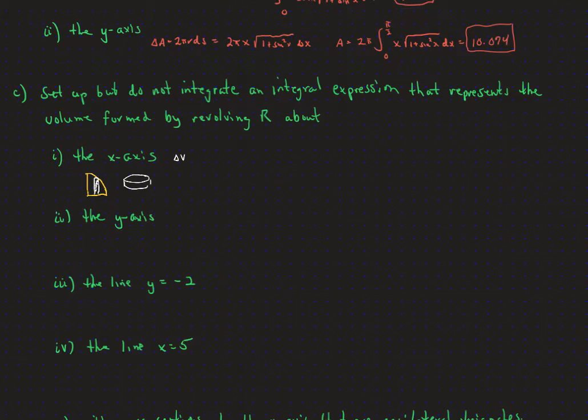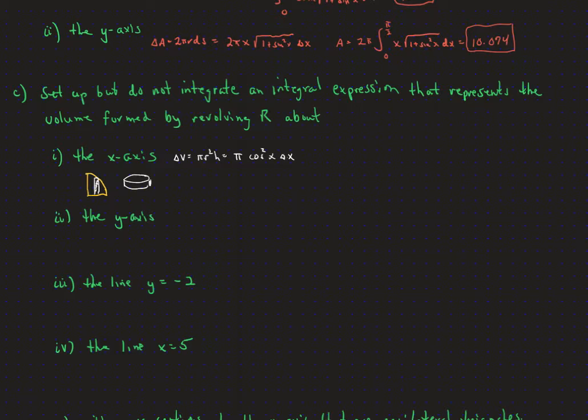So our delta volume is going to be pi r squared h, and in our case that radius is going to be our function, so that's going to be the cosine function, and the height of that disk is going to be delta x.